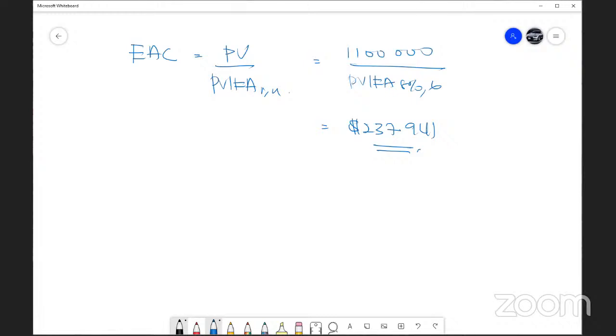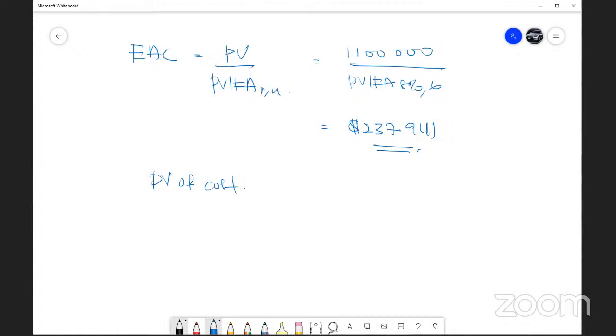How much it will cost you if it can only last for 3 years rather than 4 years. All right. So, this present value is 237,941 for each year, right?